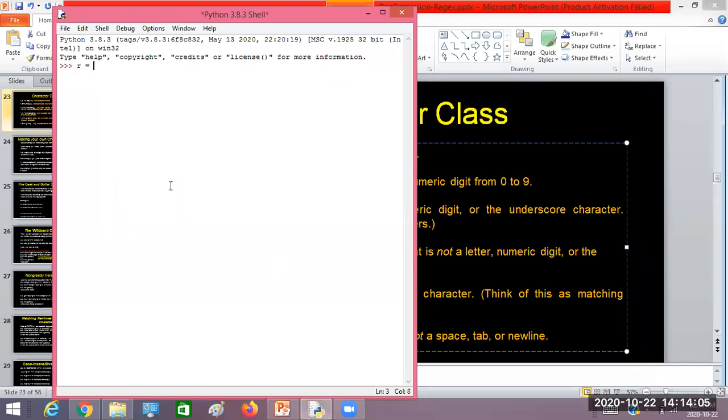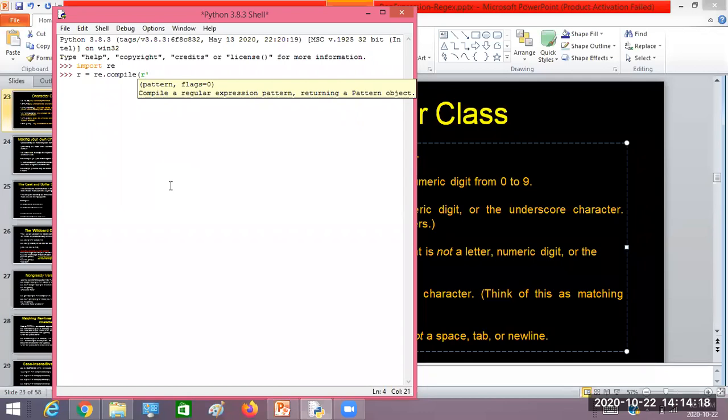First we create a regular expression object, right? Before that, we first need to import the package, that is re, then create a regular expression object using re.compile with r and backslash d.